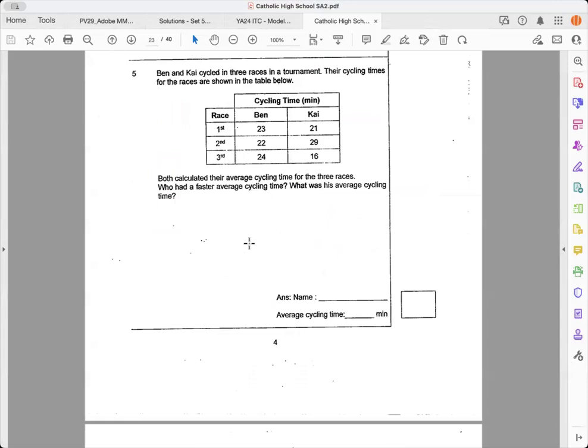So let's calculate the average for Ben. To find the average for Ben, you find the total for Ben first. Total for Ben is 23 plus 22 plus 24. Total 69. Average for Ben will be 69 divided by 3, 23.